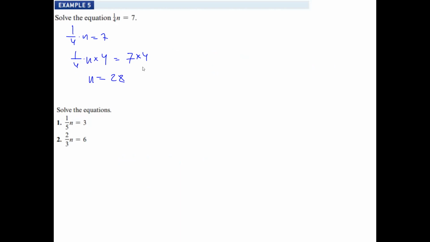So here we can do that. Or do it mentally and you would have it like this. But there's nothing wrong with that step, especially if it's something new for you. So try this too.